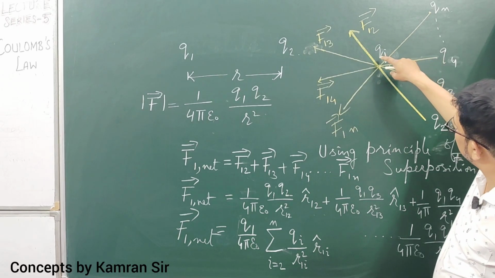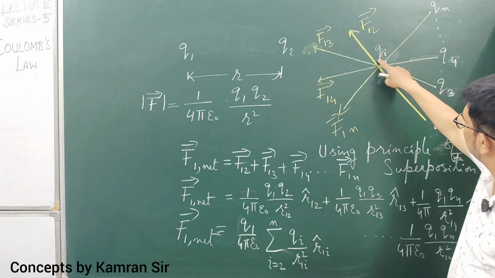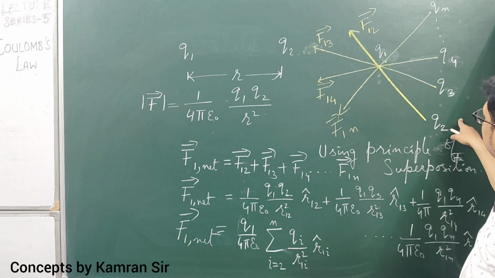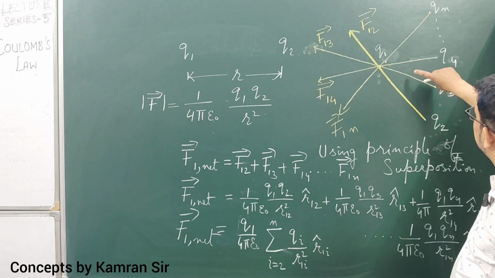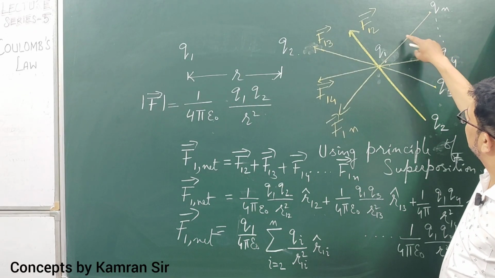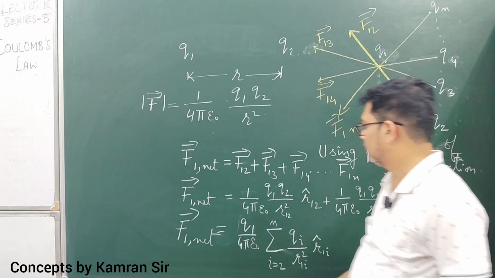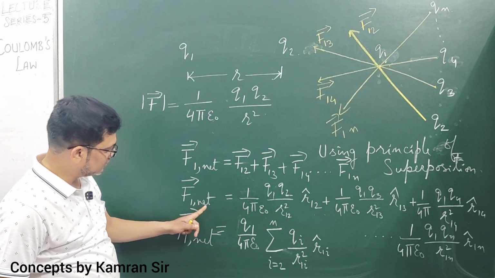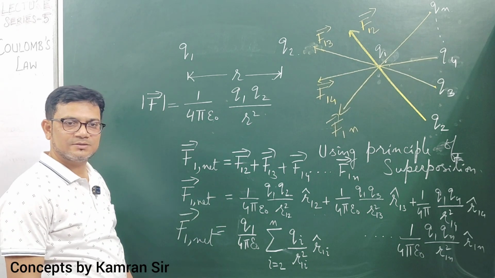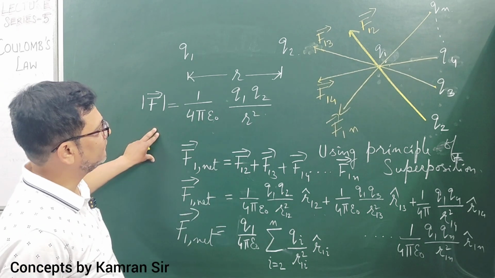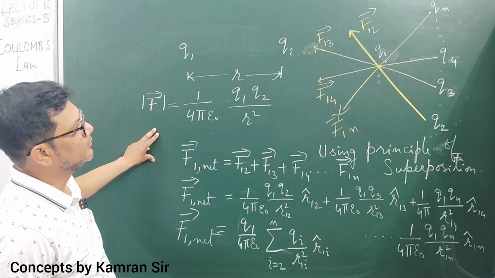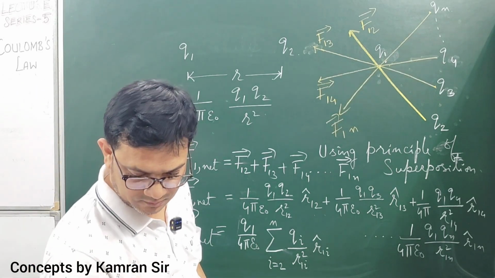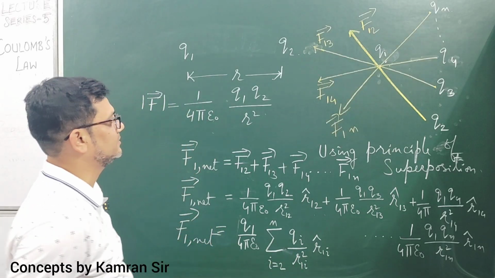If you want to find the net force on any particular charge because of all the other charges involved, we add all those interactions independently, and the vector sum of those forces gives you the force on that particular charge. It's a very important principle that is deployed here to figure out the net force on a charge when multiple charges are there.